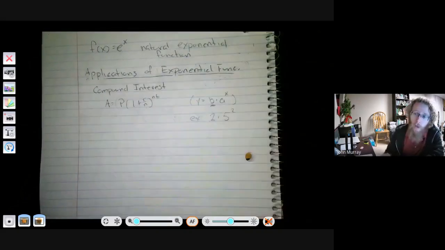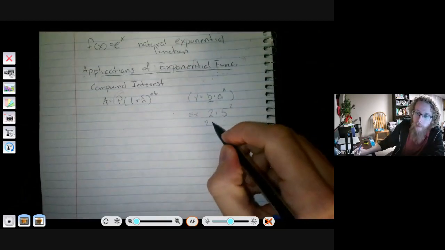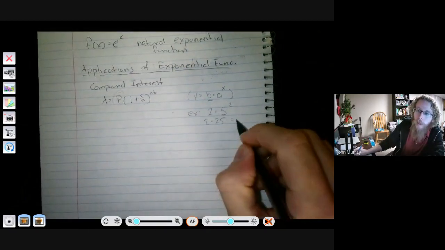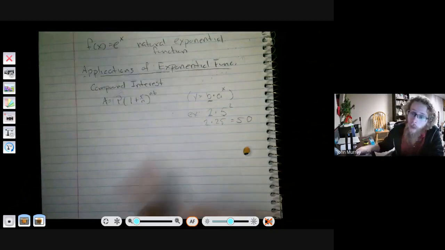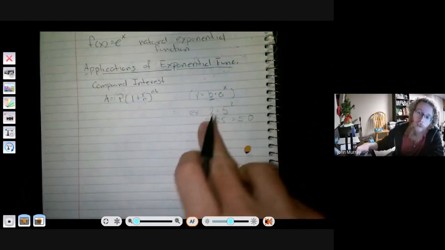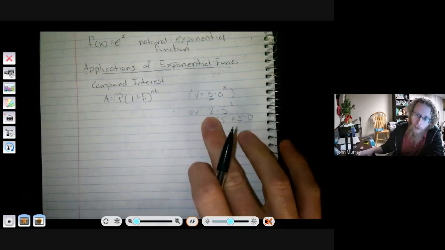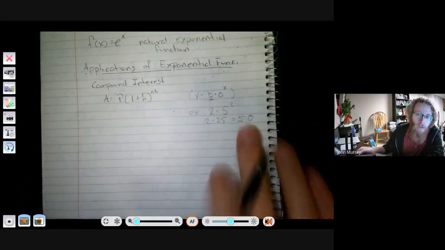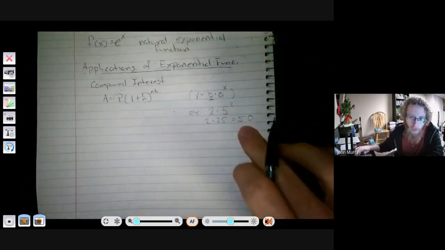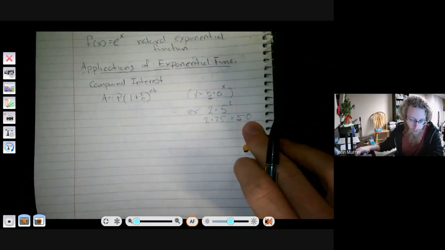All right, you're going to do 5 squared first, which would be 25, and then multiply that by 2 to get 50. All right. Otherwise, if you don't follow order of operations, 2 times 5 is 10. 10 squared is 100. All right, so that's way off of what you're supposed to get.